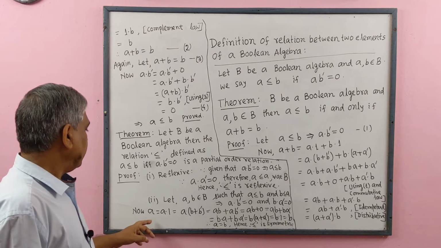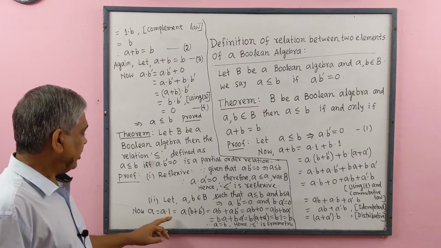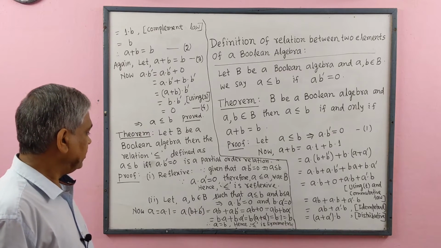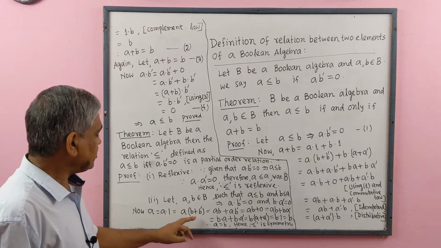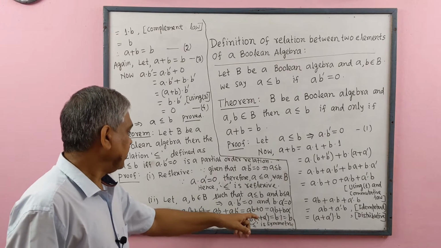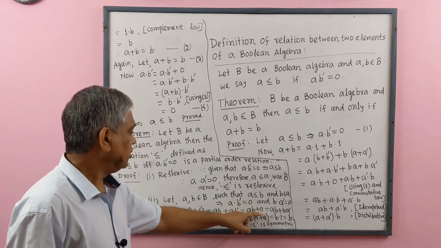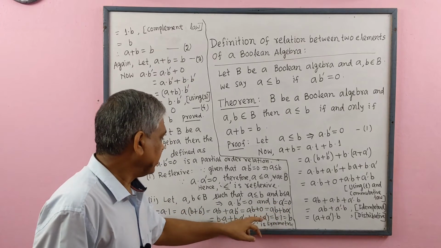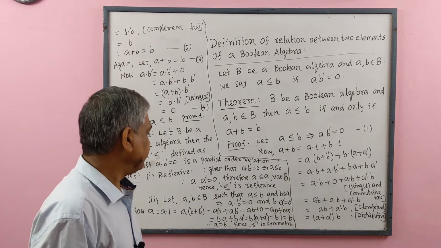Now a equals a dot 1, and by complement law 1 equals b plus b prime. By distributive law this equals a dot b plus a dot b prime. Since given a dot b prime equals 0, here we write 0. Again 0 equals b dot a prime, here we write b dot a prime.